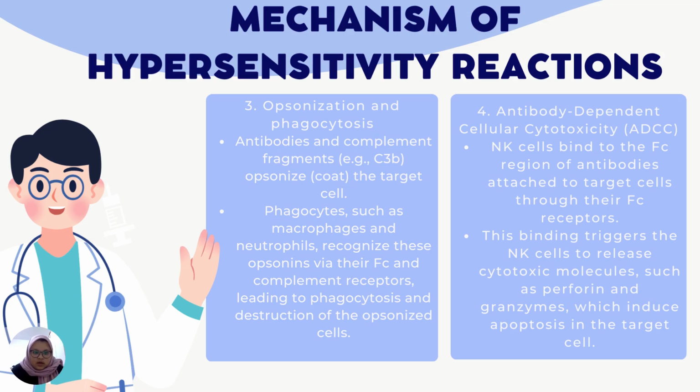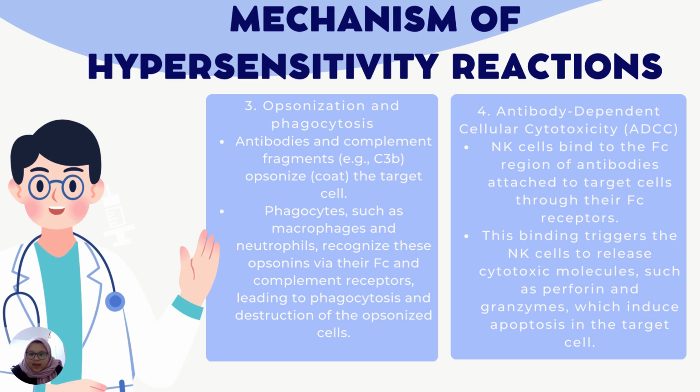The next step is opsonization and phagocytosis, where the antibodies and the complement fragments opsonize the target cells. The phagocytes, such as macrophages and neutrophils, recognize these opsonins via their Fc and complement receptors, leading to phagocytosis and destruction of the opsonized cells.